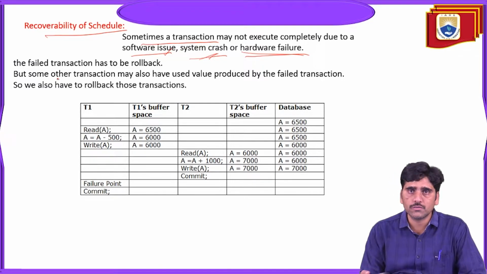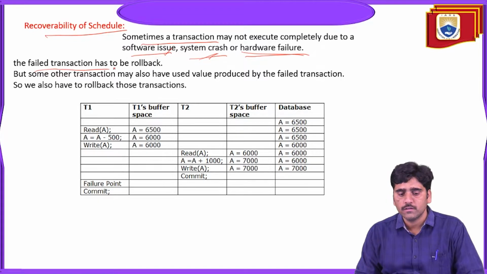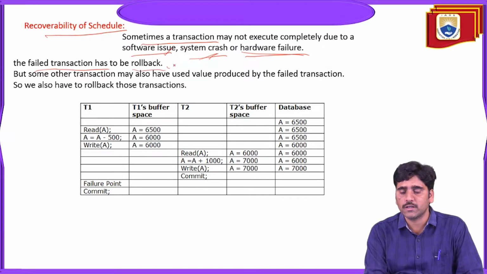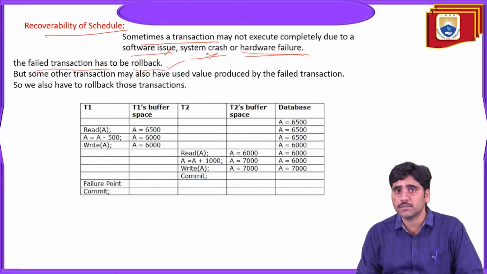So what we have to do is roll back the failed transaction, to restore the database consistently from the transaction point of view. You have to roll back that failed transaction.